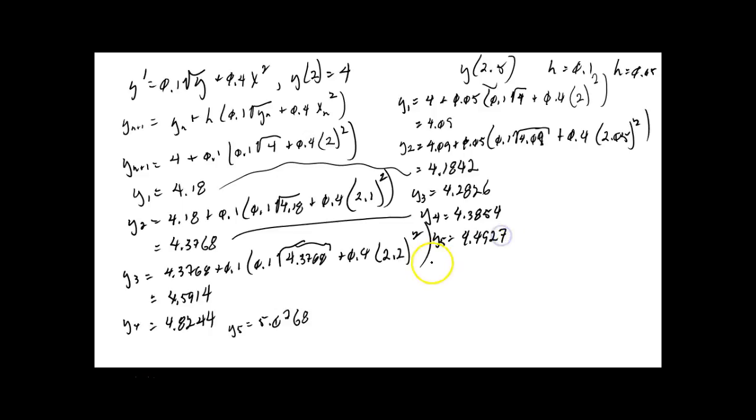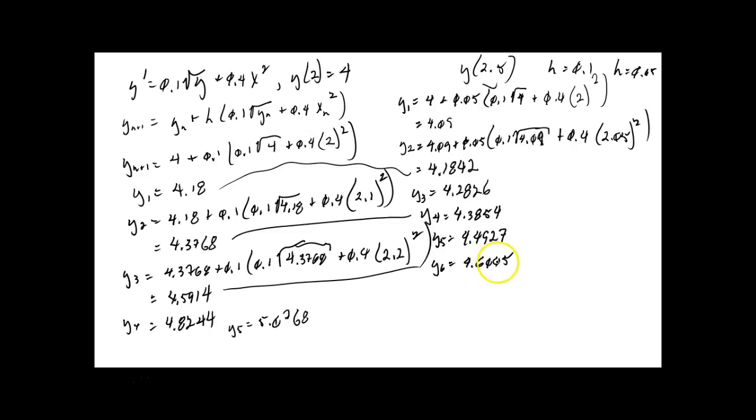And your y sub 6, when you plug that into the formula up above, sorry, 4.6045. Now that pretty much corresponds to the y sub 3 before. And again, you're leading it slightly.